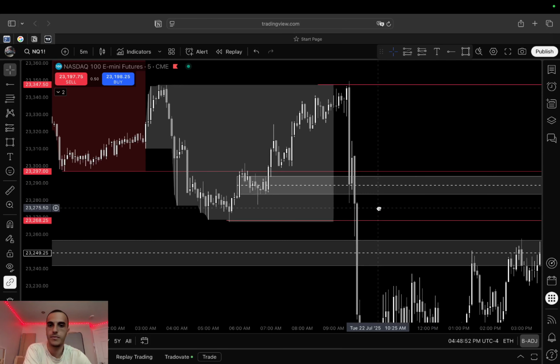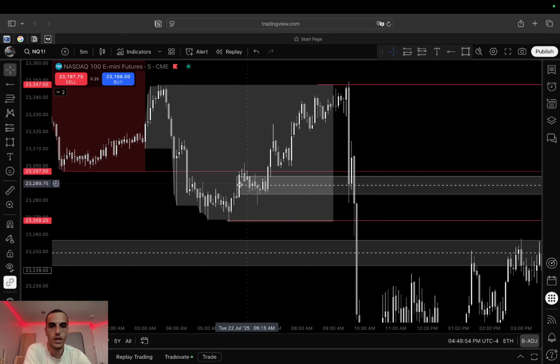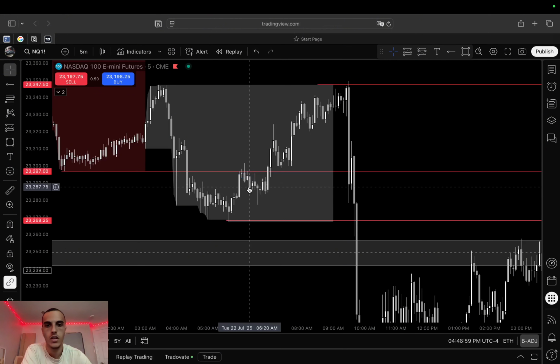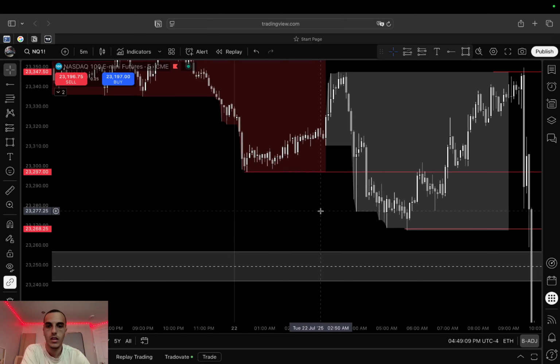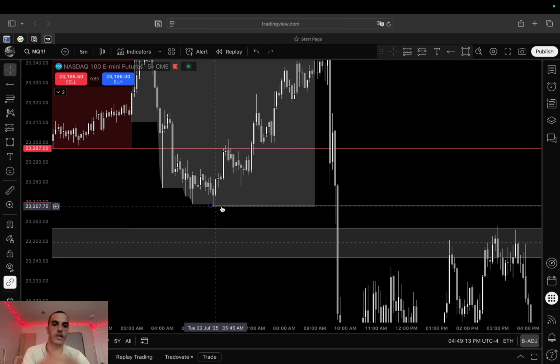Mistakes that I made. First of all, fair value gaps only on the 15-minute. I already marked it. I'm done. Second of all, this fair value gap already got filled here, so it's no longer as strong or as valid, right? And this one on the 15-minute, we know it's unfilled. Price is more likely to come here.